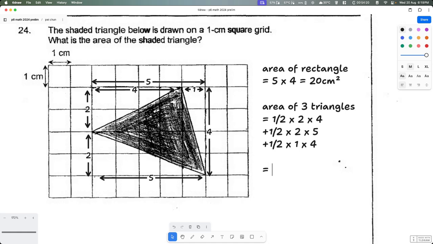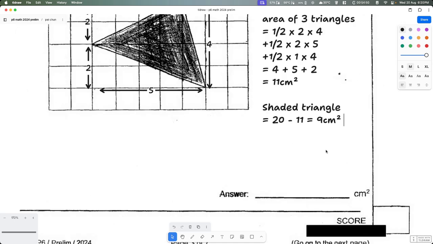So this is equal to half times 4 plus 5 plus 2, which is 11 centimeter square, right? So the shaded triangle is equal to 20 minus 11 equal to 9 centimeter square. There you go. So that's the answer, 9 centimeter square.